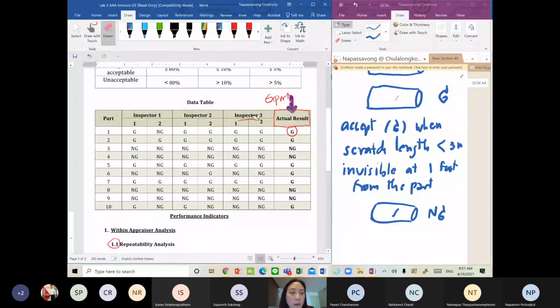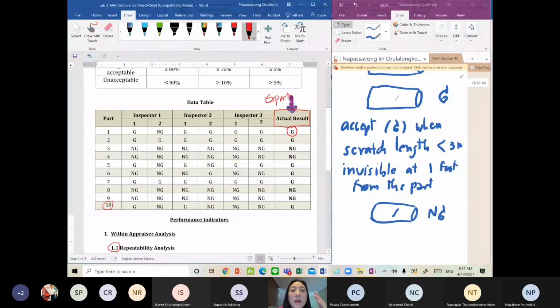For inspector number one, they inspect 10 parts. If we count the number of parts where this inspector gives consistent results: part number one is not consistent, so we do not count. Part number two is consistent, so we count one. Part three is consistent, so two parts already.